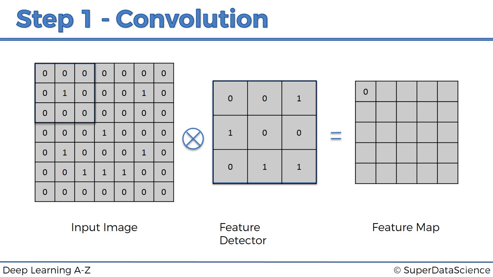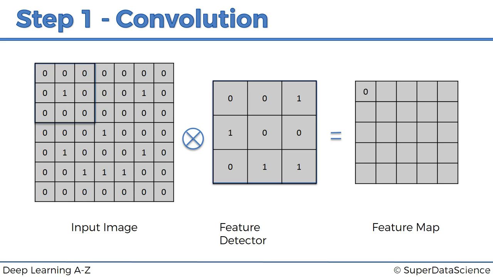So you cover, in this case, the 9 pixels in the top left corner, and you multiply each value by its respective value: the top left value by the top left value, then position 1,1 by position 1,1, then 0,1 by 0,1, 0,2 by 0,2, and so on.